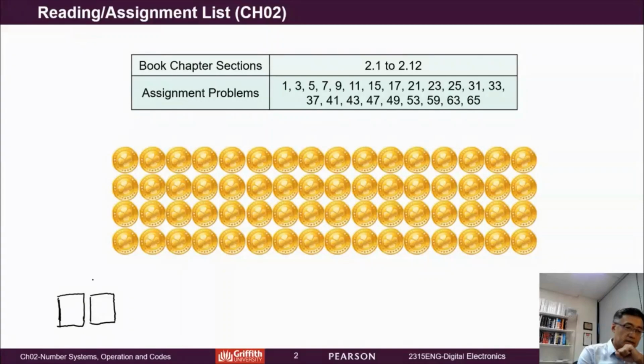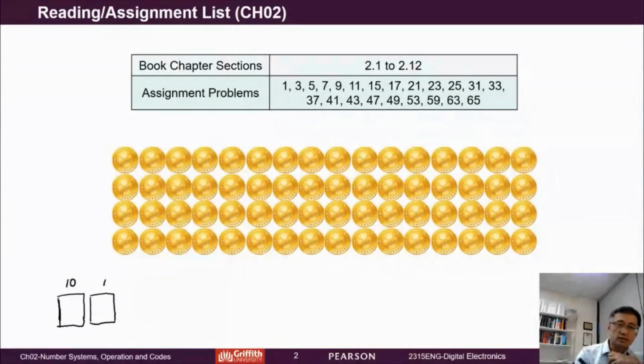Basically, in this location each number represents 1, and the next one has a different weighting. Each number there represents 10. This is what we can do because we have a base 10 system, because human beings have 10 fingers.